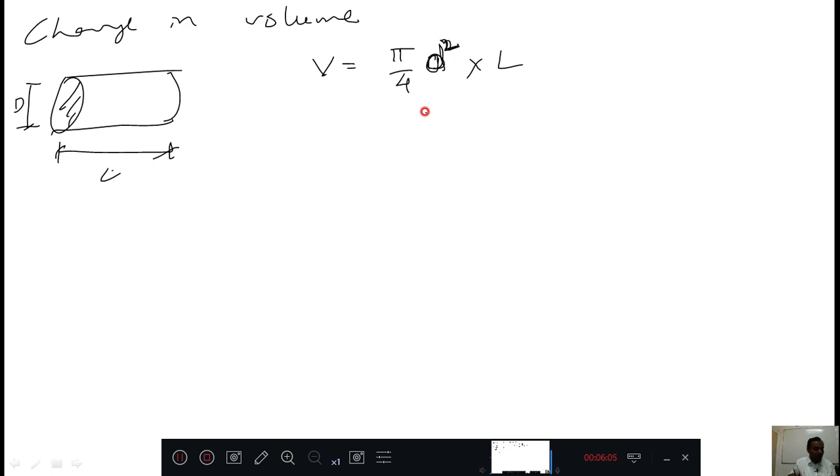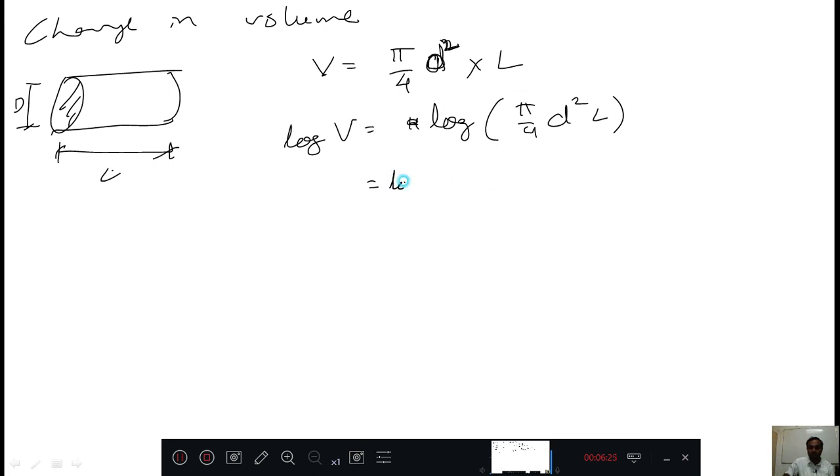Now what I do, I will take log on both sides. Then log V equals log of pi by 4 d square L. Products are there here. You know log of m into n equals log m plus log n.